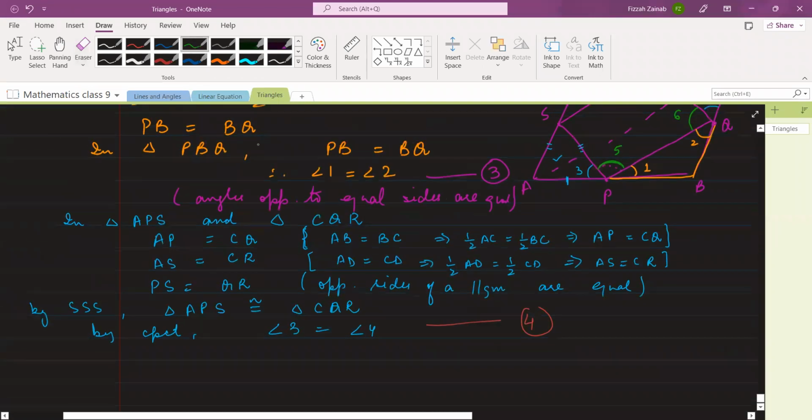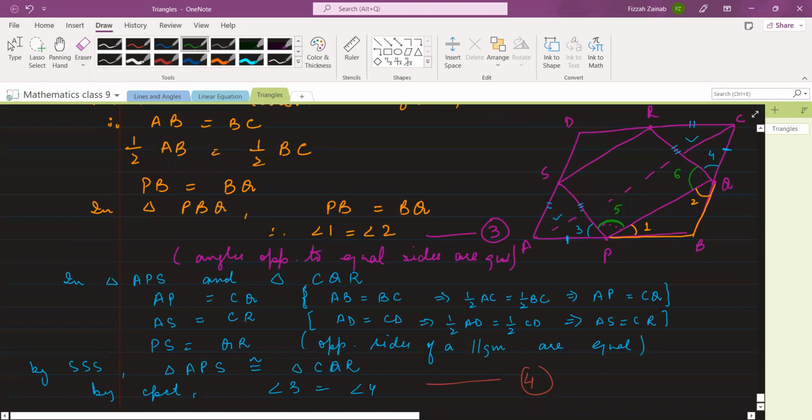Okay, now look at the figure again, Jaslyn. Because AB is a line, right? Can I say that angle 1 plus angle 5 plus angle 3 is 180 degrees? I mean, it's a line. That means this complete angle is 180 degrees.